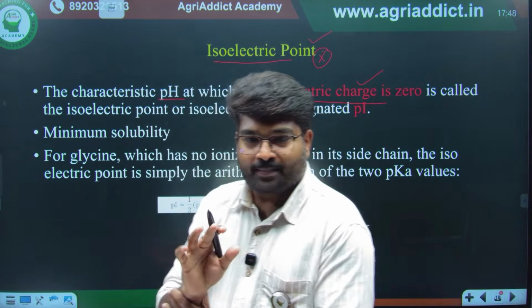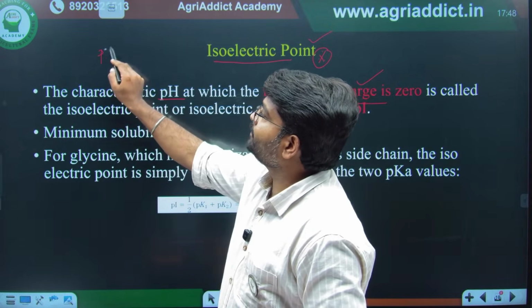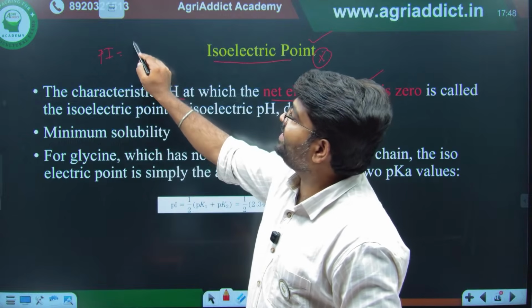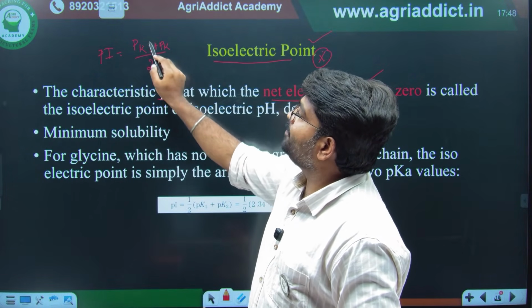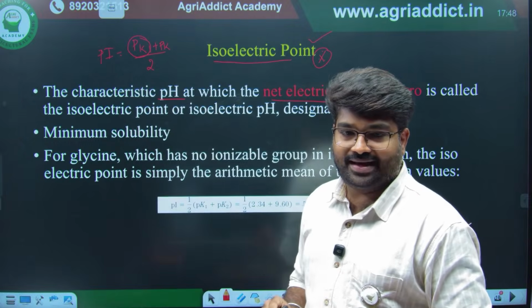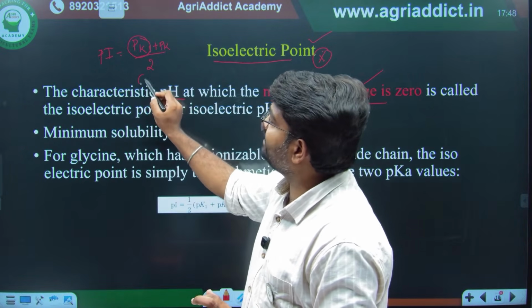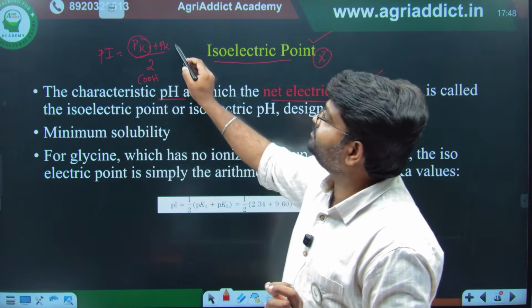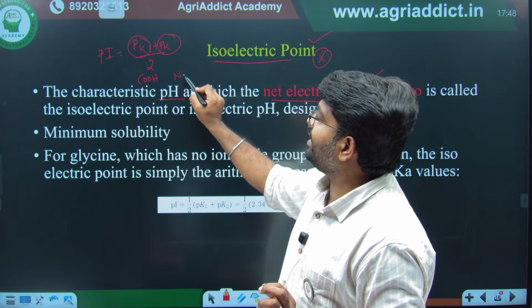If I want to find the isoelectric point, that means pI, for a protein, I just have to calculate pKa1 plus pKa2 divided by 2. pKa1 gives the value for the acidic group, the carboxyl group, and pKa2 gives the pKa value for the amino group.